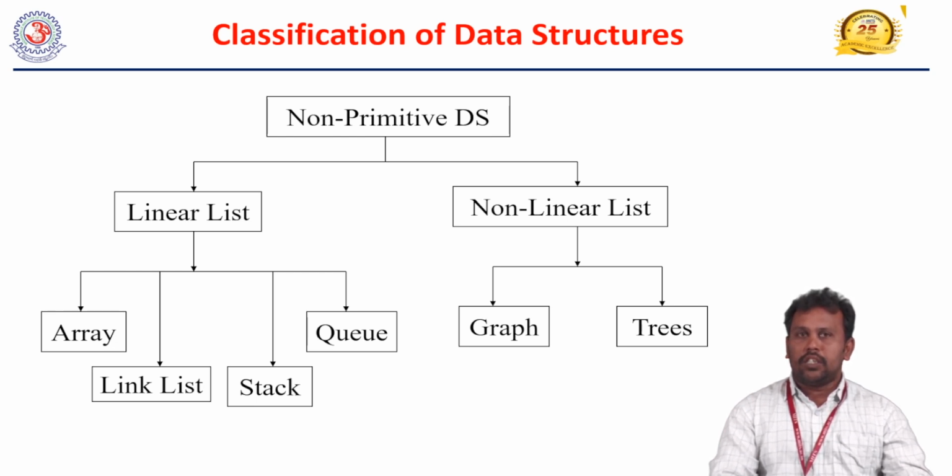Linear list means the operations are performed sequentially, and non-linear list means the operations are performed randomly. Examples of linear data structures are array, linked list, stack, and queue. Examples of non-linear data structures are graphs and trees.